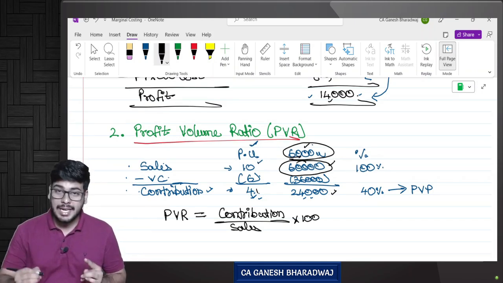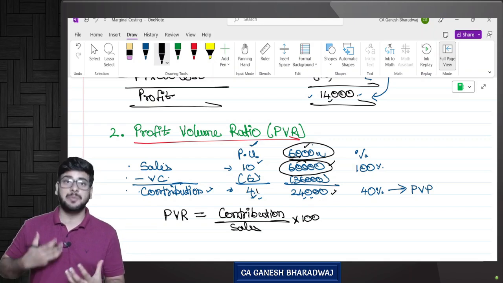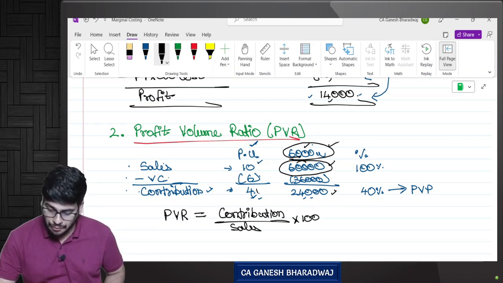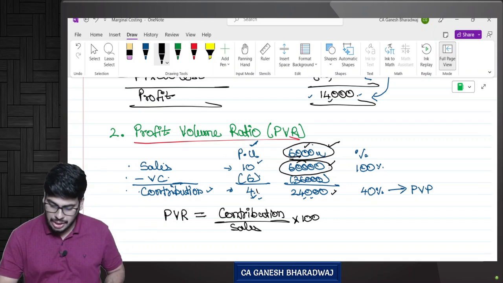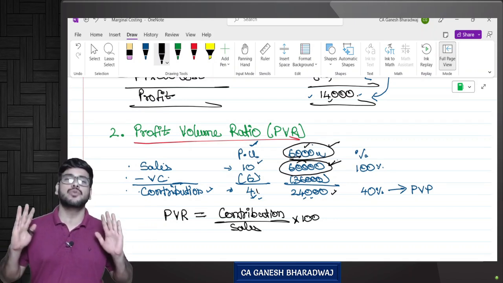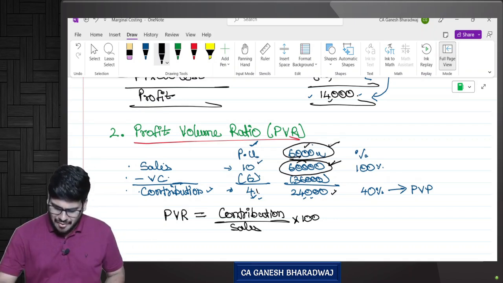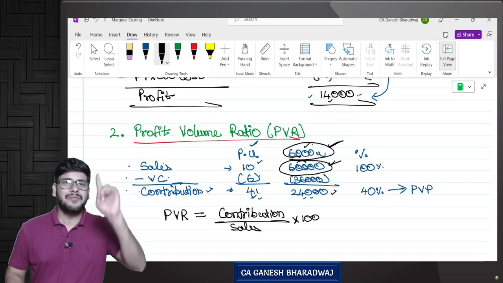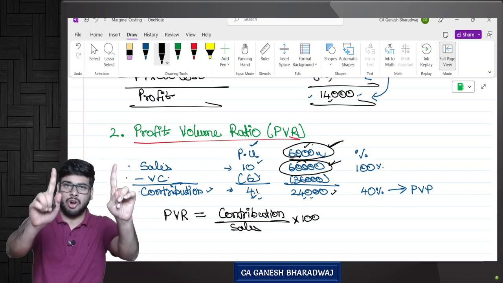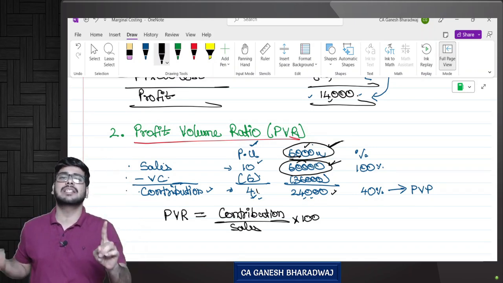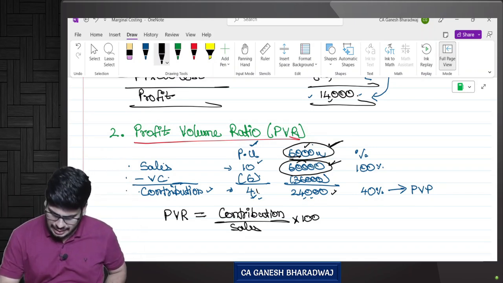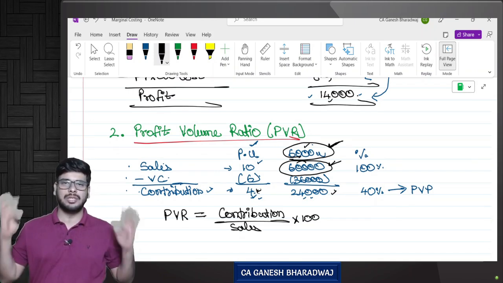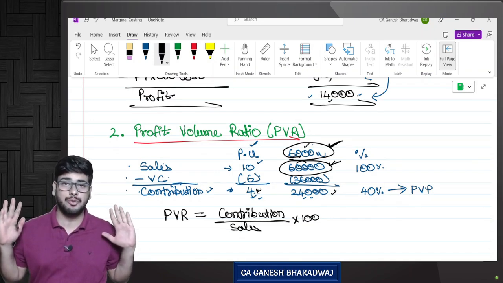So I can express sales in terms of volume, that is units, or in terms of value, that is amount. When I express sales in terms of units, if I multiply those units with the contribution per unit, I will get the total contribution. 6,000 units into 4, I know that 24,000 rupees is my contribution, correct?